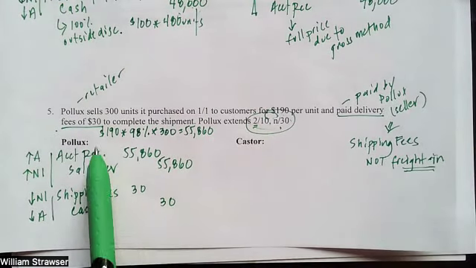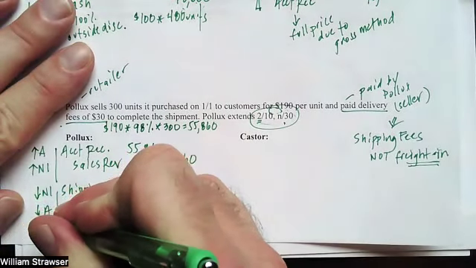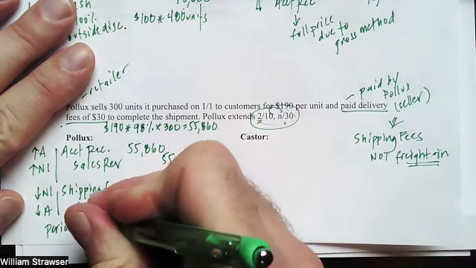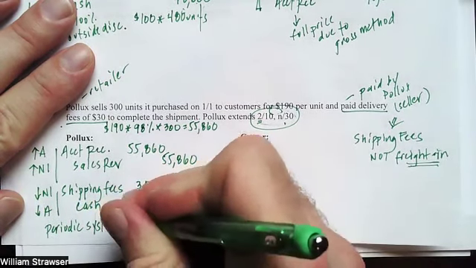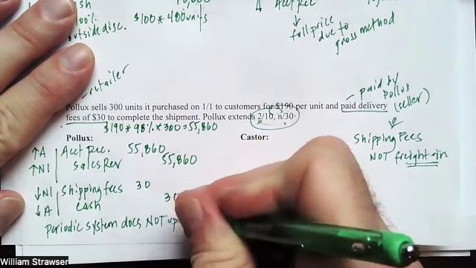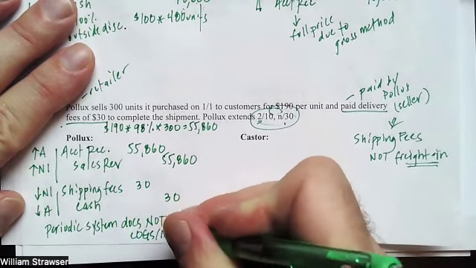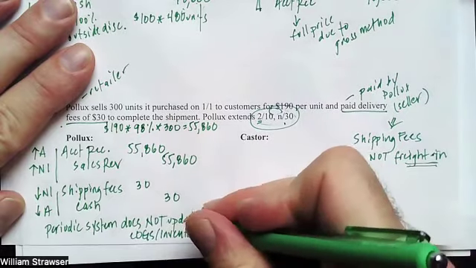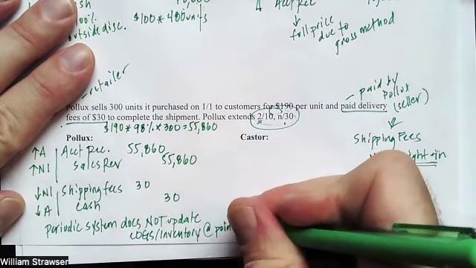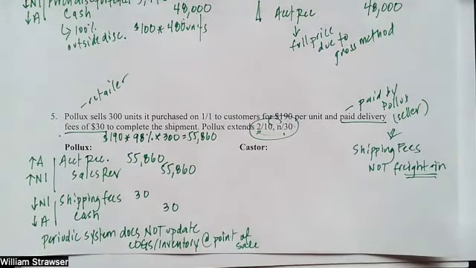And the reason is Pollux uses periodic system. And the periodic system does not update COGS and inventory at point of sale, right? Castor was using the perpetual, and perpetual does update inventory at the point of sale.